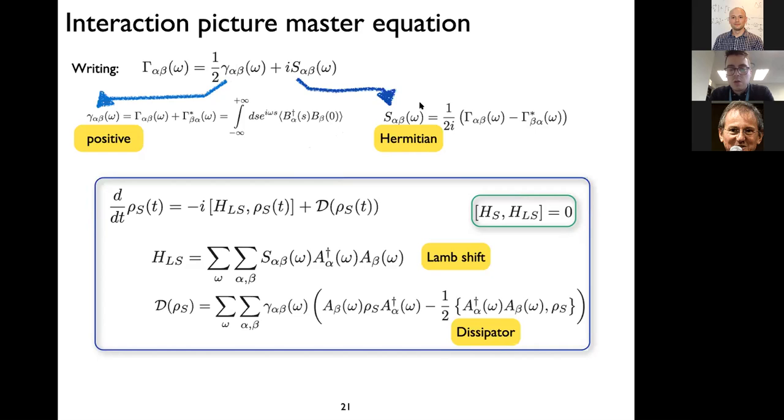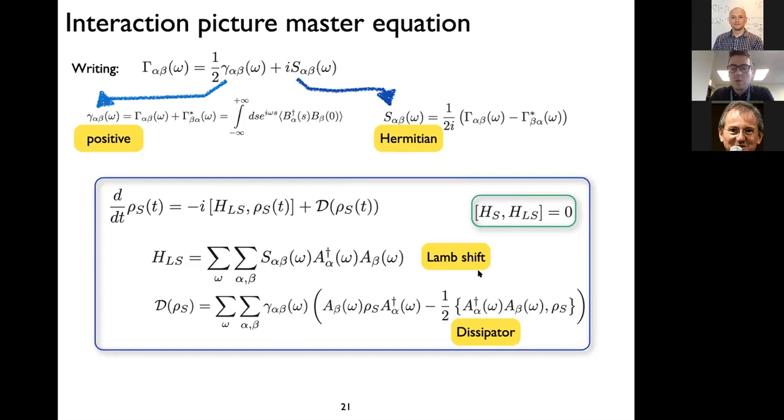So if we substitute this decomposition into the previous equation of motion, we can write our master equation in the following form, where we define this Lamb shift term, which depends on these S coefficients.